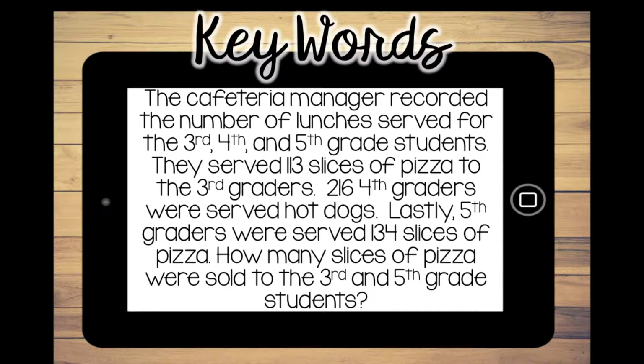Okay, the very first thing we need to do is find out what they're asking us to do. How many slices of pizza were sold to the 3rd and 5th grade students? Now, there is a piece of information in here that we do not need to find out how many slices of pizza were sold.